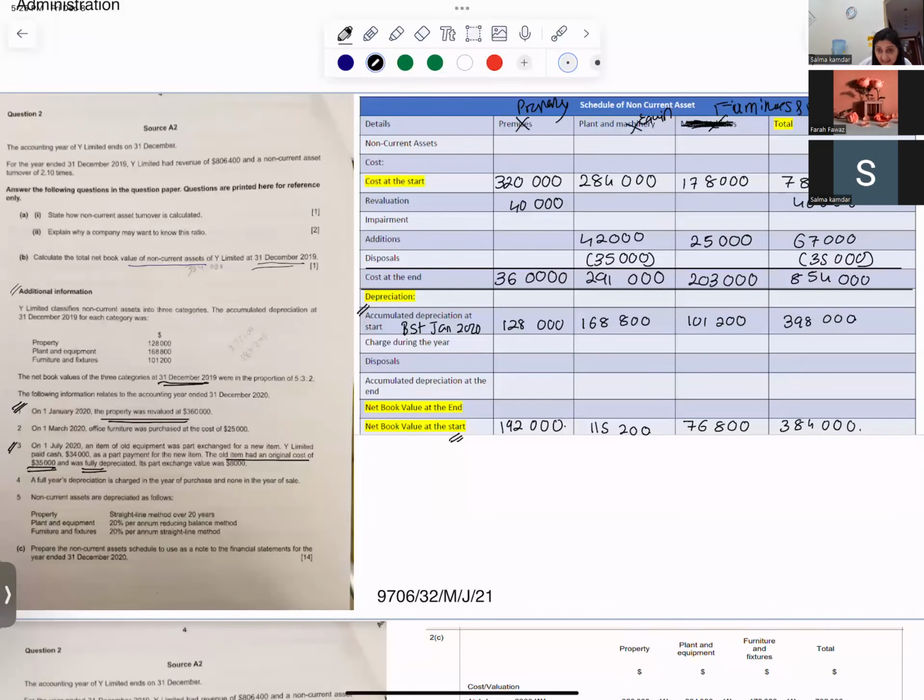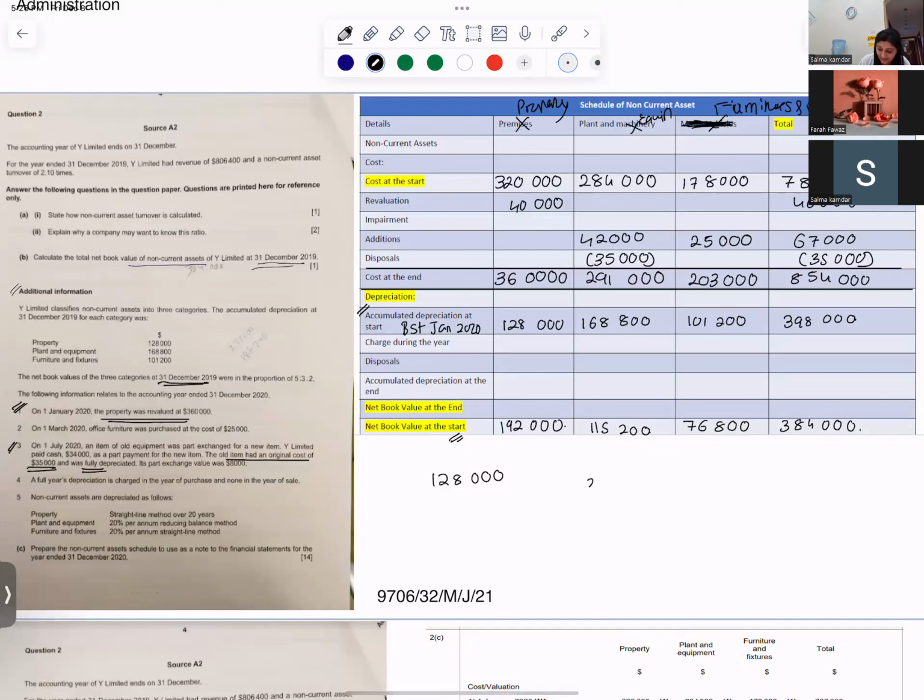So the 128,000 would be divided into the number of years the asset is being used by the business. Well, sorry, it would be divided by 20.